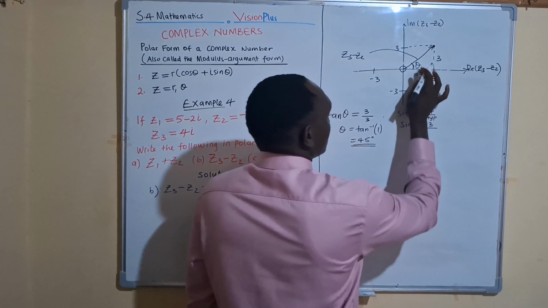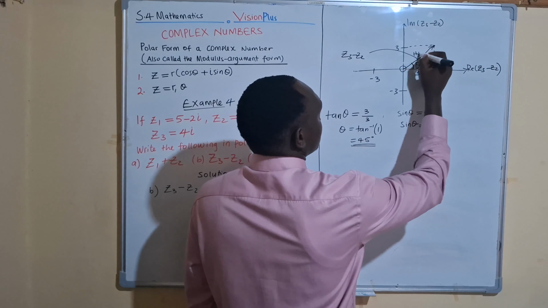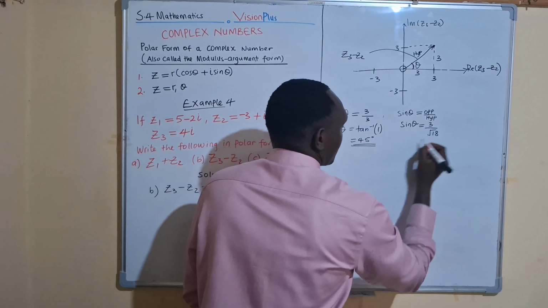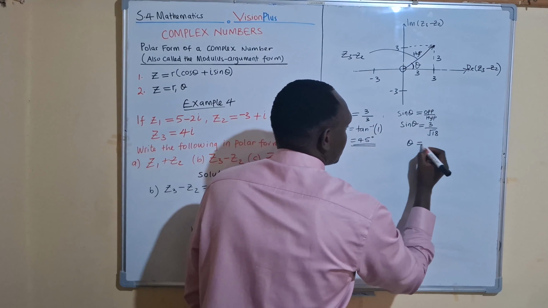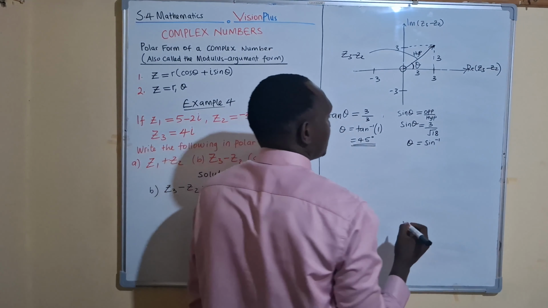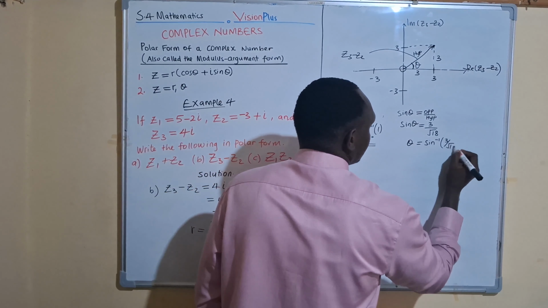That means theta becomes the sine inverse of 3 out of root of 18.